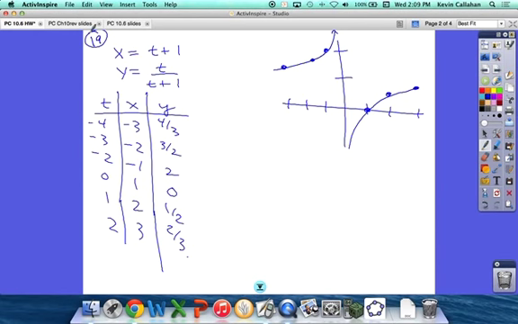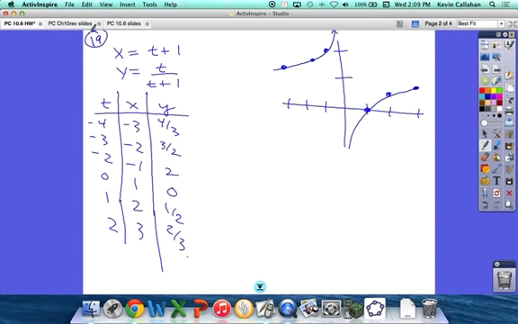Plug in your values of t. Are there any values of t that we cannot plug in here? You can't do -1 because it would lead to an undefined for y. So I didn't put -1 in there. I picked 3 values that were less than that and 3 values that were more than that, and I calculated these x's and y's.